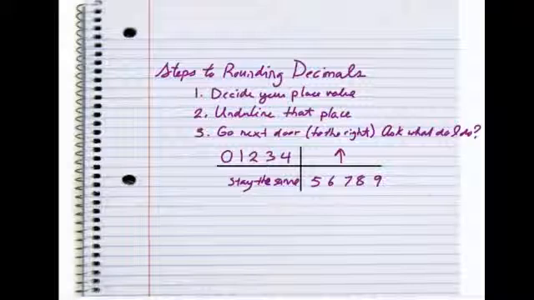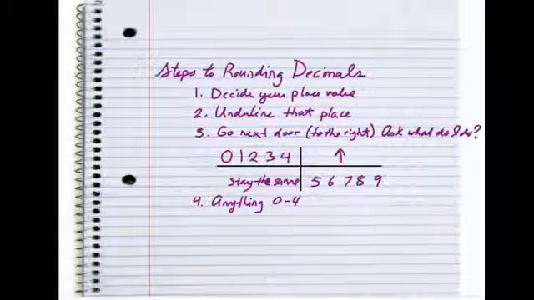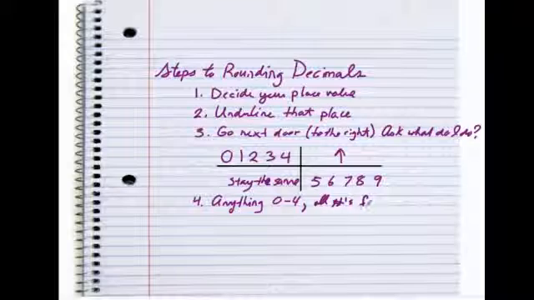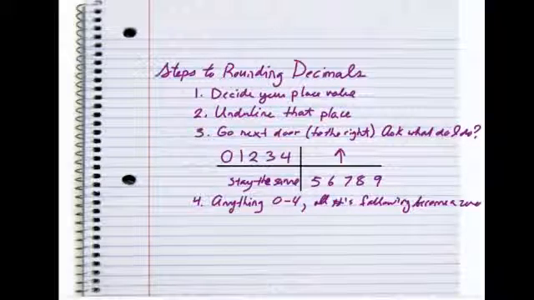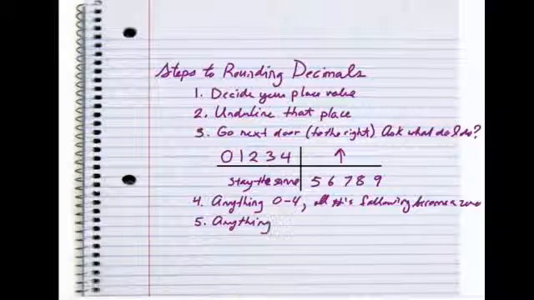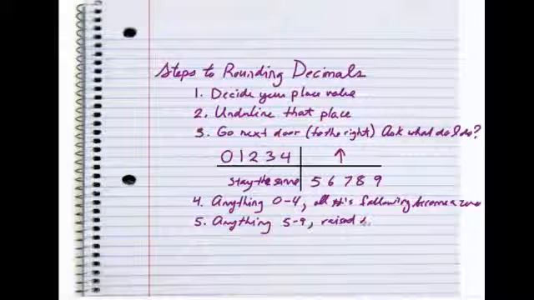So anything from 0 to 4, all numbers following become a 0, right? And therefore they go away. But anything between a 5 and a 9 is raised by 1.